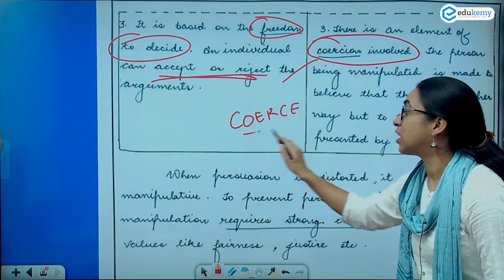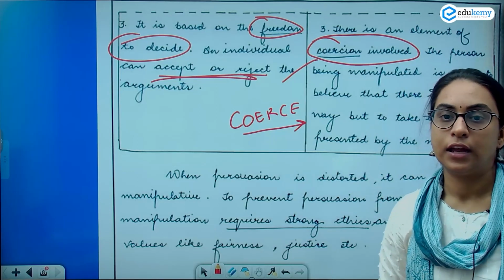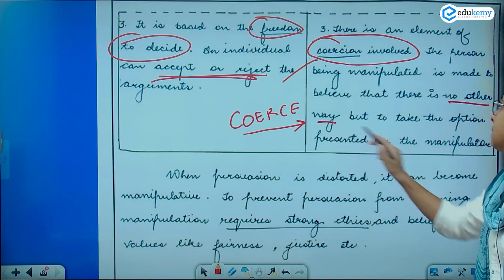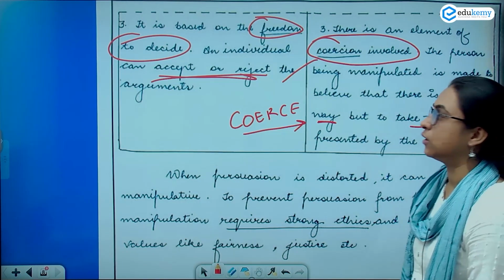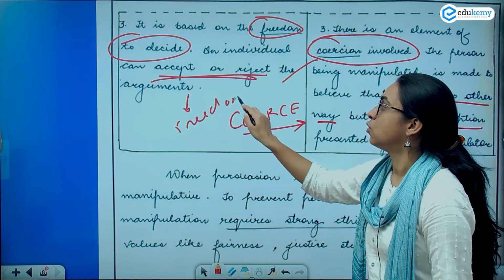You try to pressurize the person. You try to coerce the person involved and manipulate for your betterment. The person being manipulated is made to feel that there is no other way but to take this option which is presented by the manipulator. So here there is freedom, here there is coercion.